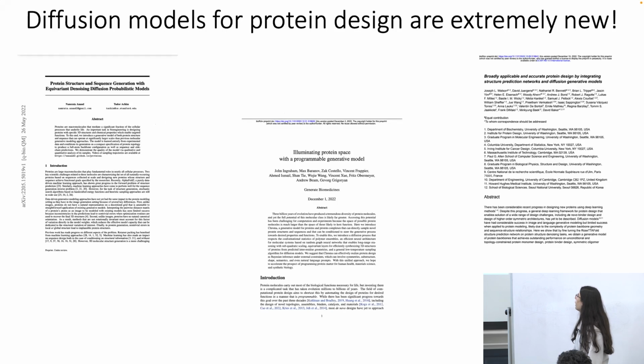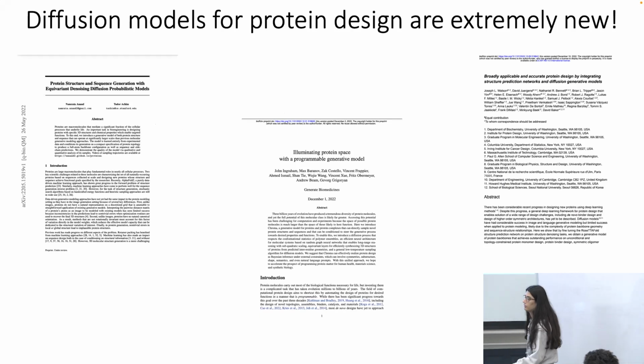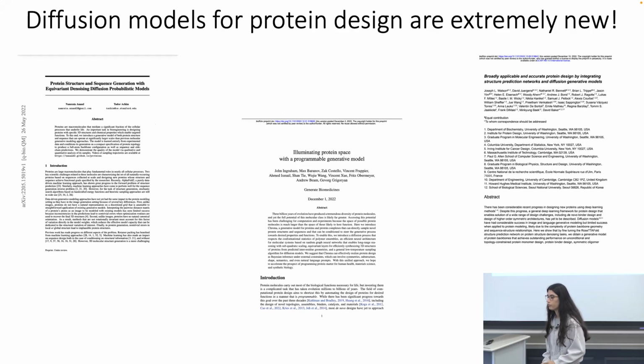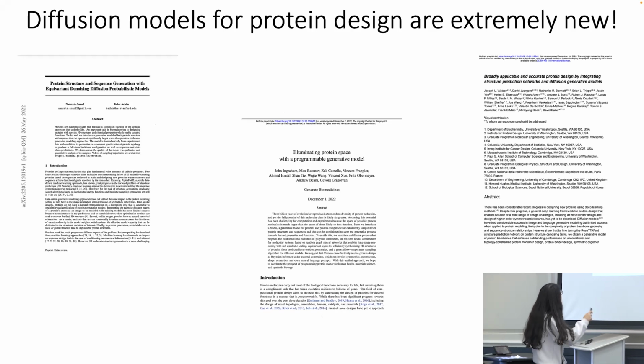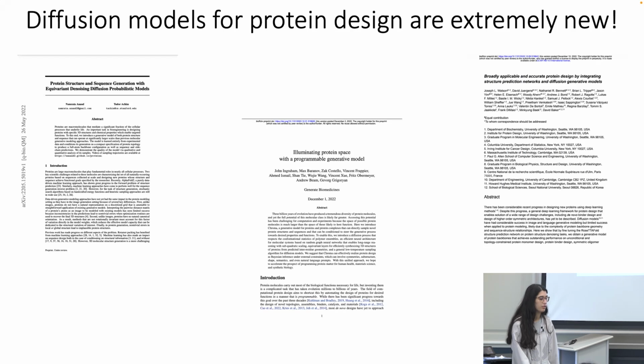Okay, so before we get into this, diffusion models are relatively speaking extremely new. The first one, from Namrata Anand and others, came out, I want to say, last spring. This was the first application where somebody actually implemented diffusion models on protein data and evaluated in terms of protein accuracy metrics. Since then, there have been other papers.